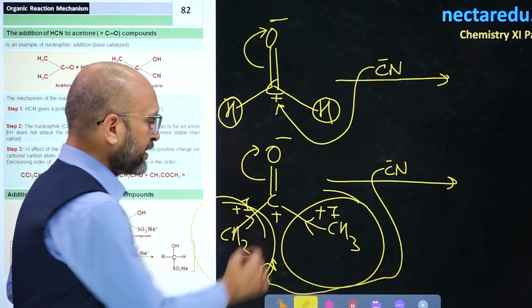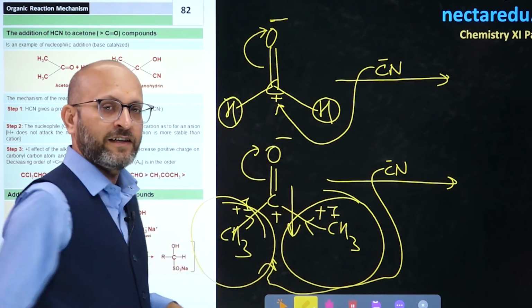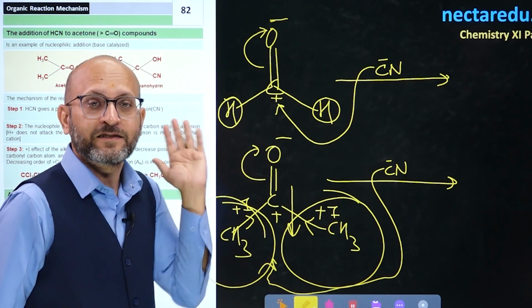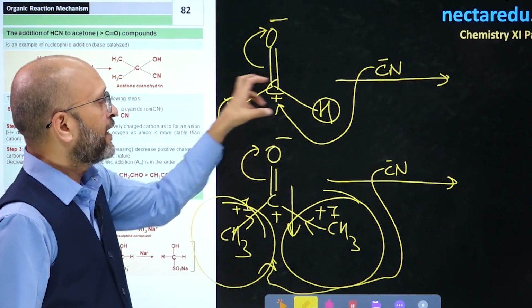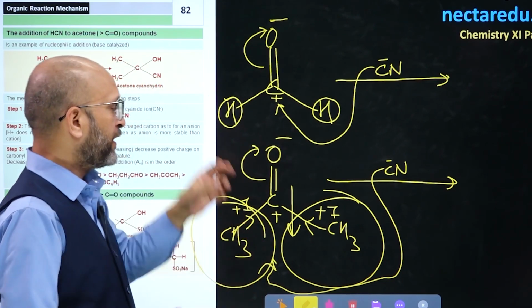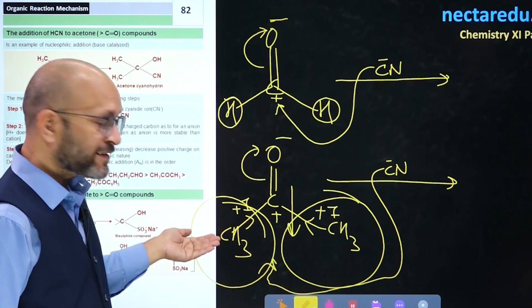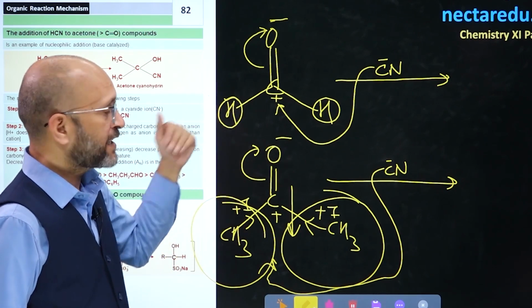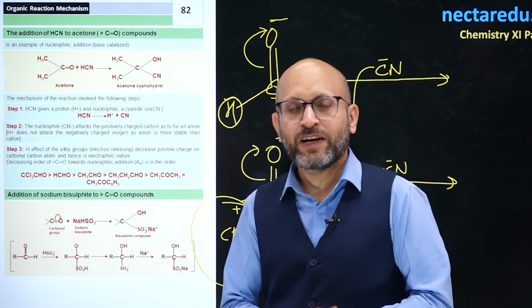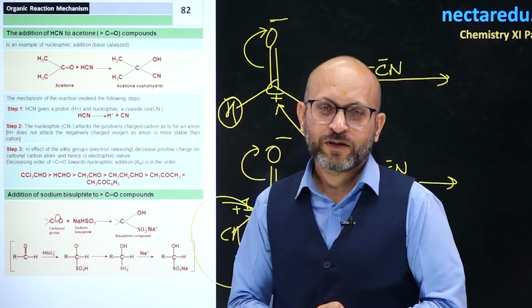So what happens? The positive charge here decreases, so attack of cyanide also decreases. Whereas here hydrogen has negligible inductive effect. If we have, let's say, CCl3 over here instead of this, that is electron withdrawing. So any electron withdrawing group will increase nucleophilic addition, right?